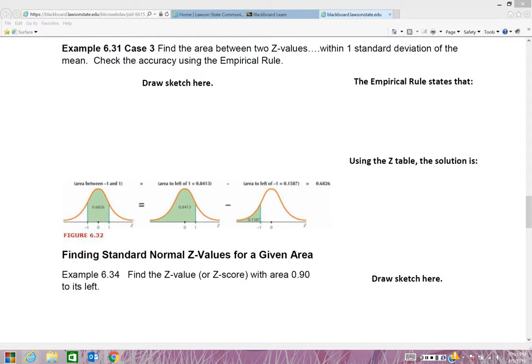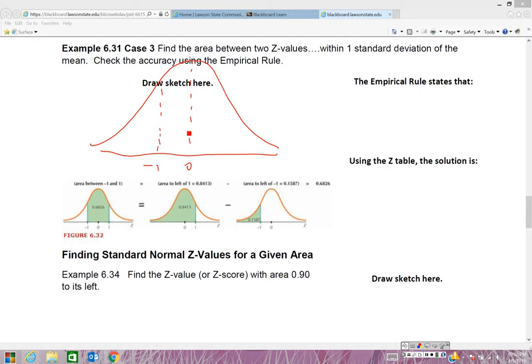Because within one standard deviation is between the -1 and the +1 on the horizontal axis.